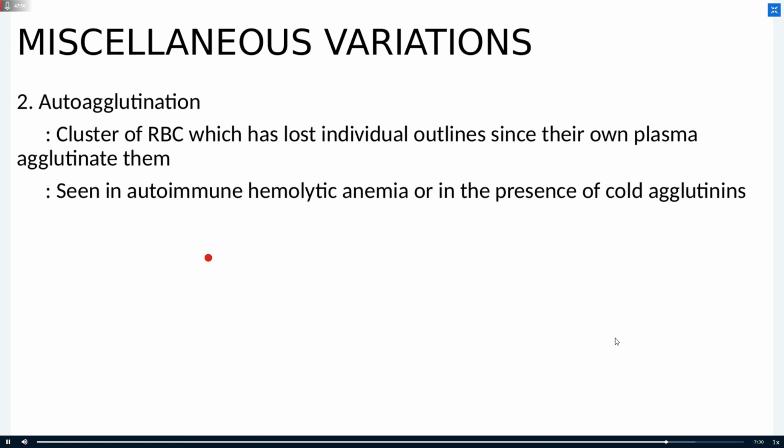Alright, your autoagglutination, class, can be seen in autoimmune hemolytic anemia or in the presence of cold agglutinins. What does agglutinins mean? Antibodies. So it says cold antibodies. So what type of antibodies is that?